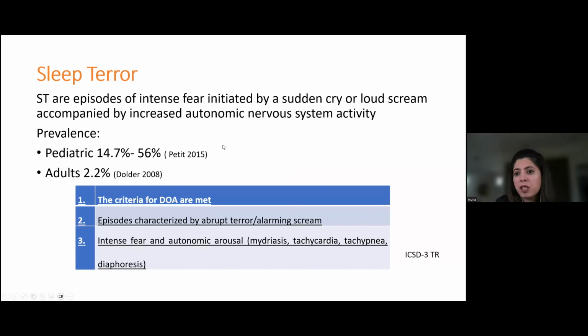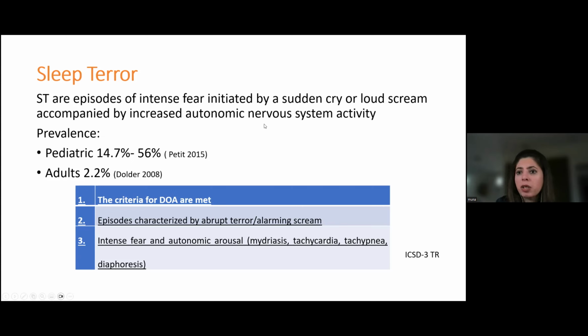It would appear quite distressing. Following the same pattern, it is much more common in peds, much less common in adults. In peds it could be as high as 56%, depending on what source you're looking at.